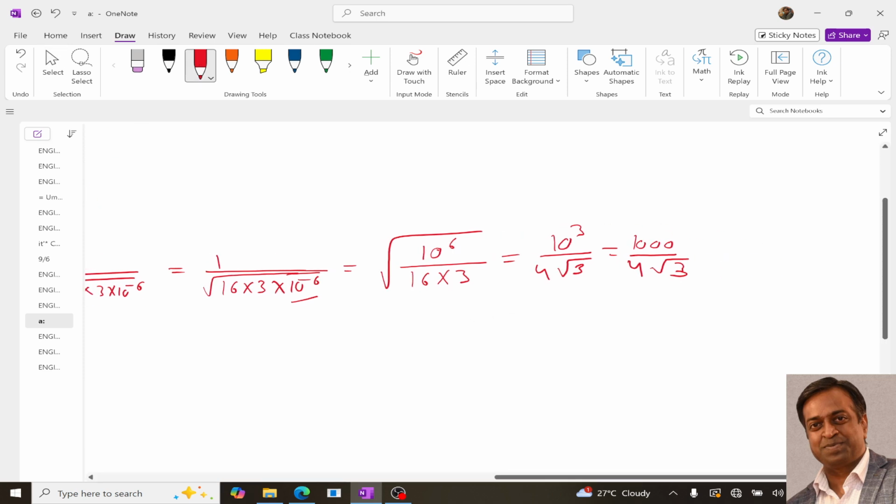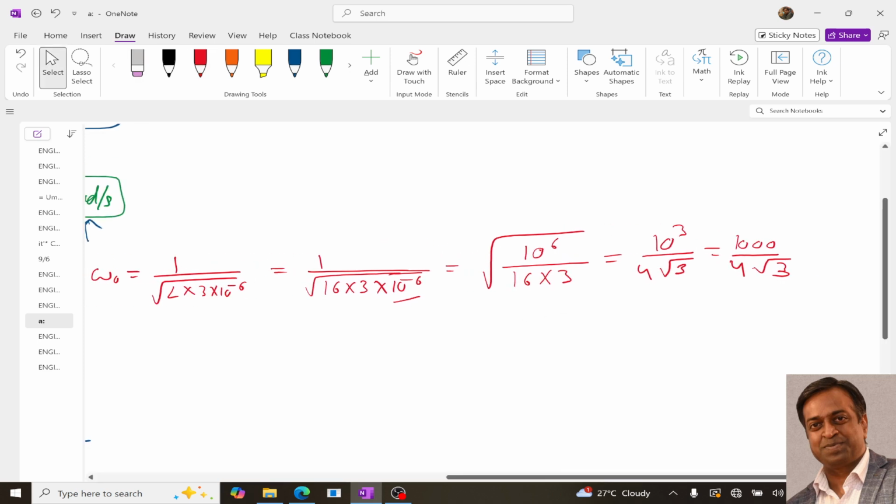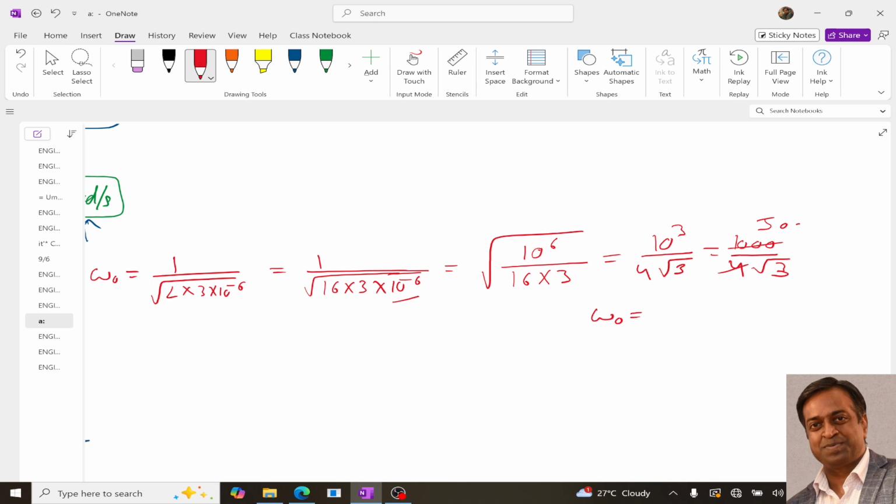Hence omega naught is equal to, this can be cancelled, let me take it as 500 upon 2 root 3 radian. So this is our omega naught.